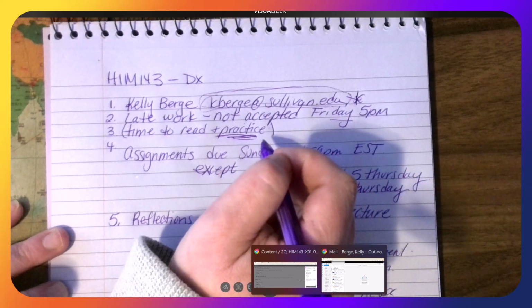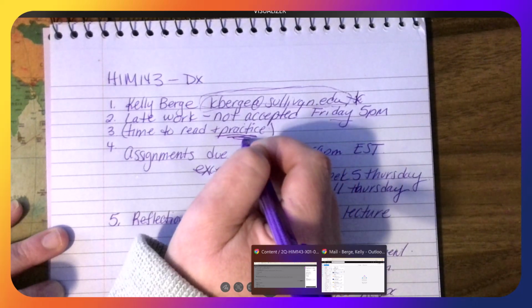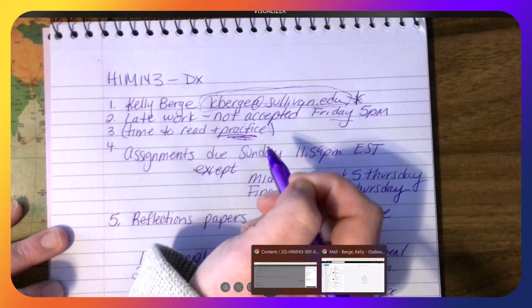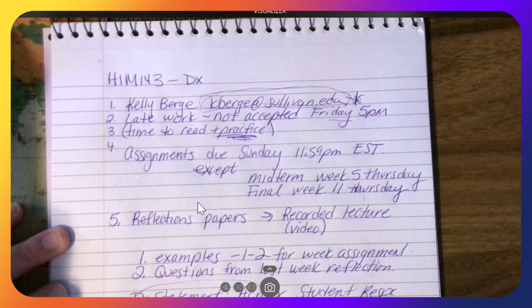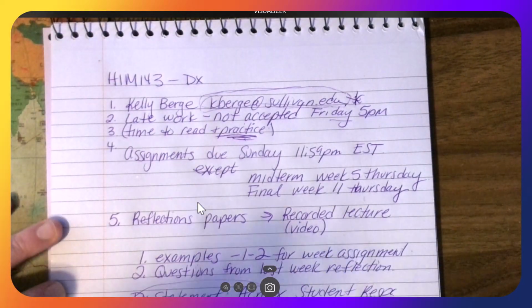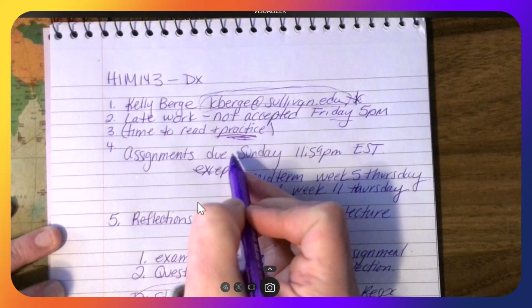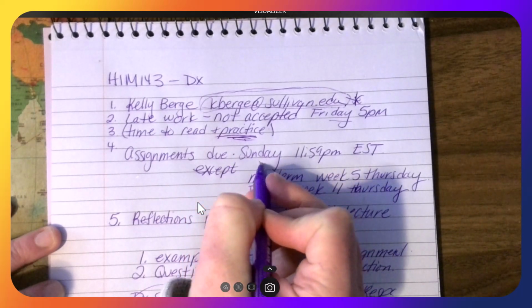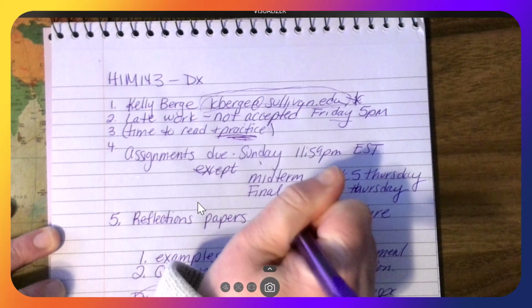In fact, there are times where students reach out to me and ask me for tutoring. I will actually have them provide me with the practice that they've done previously so we can be on the same page, and I can basically see the process of the student. And then the last thing is that all assignments are due Sunday at 11:59 p.m. of the week they're assigned, except the midterm and the final.